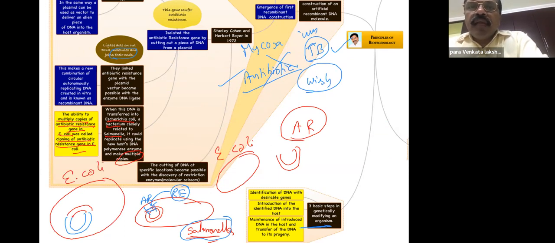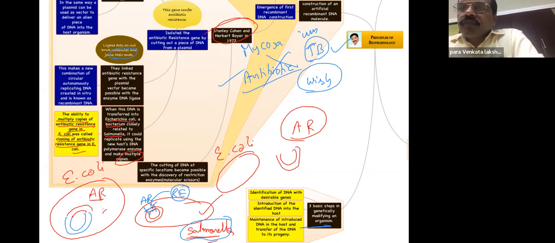E. coli will have this antibiotic resistance, which it did not have before. That means the character which is present in the Salmonella is now seen in E. coli because of the presence of this antibiotic resistance gene. This is what Stanley Cohen and Herbert Boyer did. Is it clear? Yes, sir.